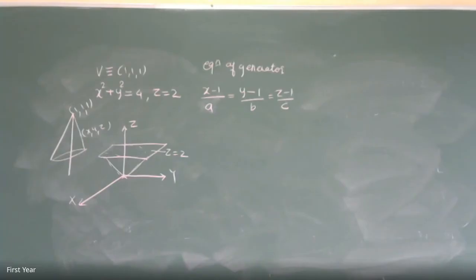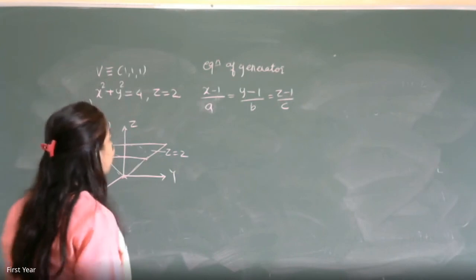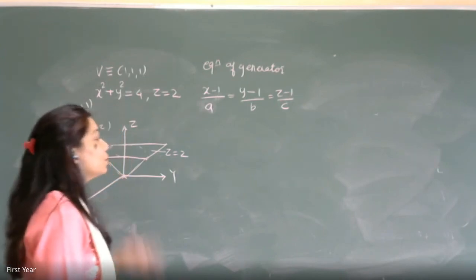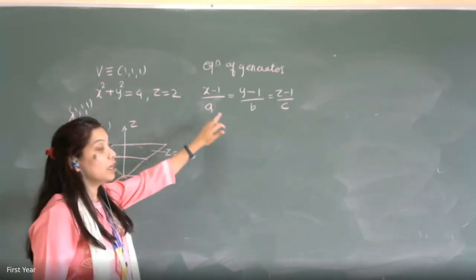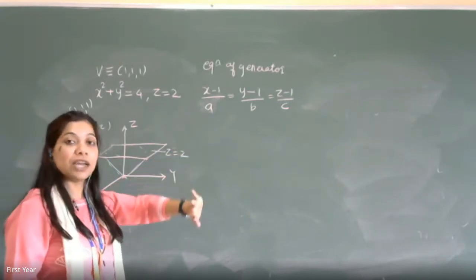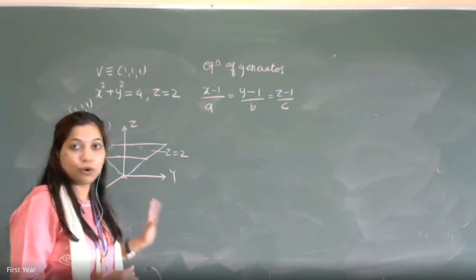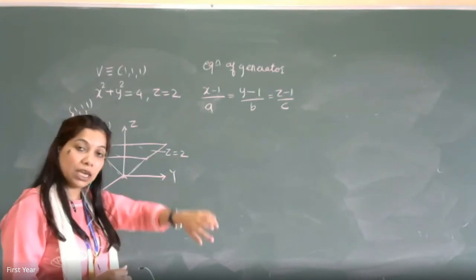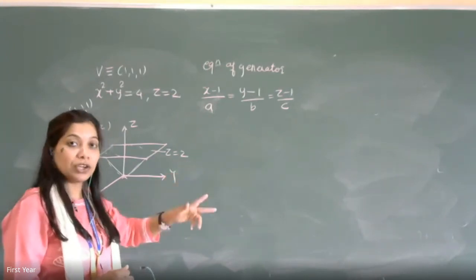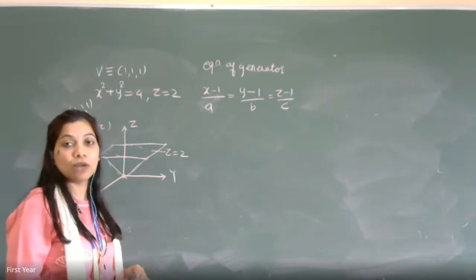Yes, ma'am. Okay. So how are we going to go about it? x minus 1 upon a is equal to y minus 1 upon b is equal to z minus 1 upon c. Consider that a, b, c are the direction ratios of a generator of this line, which we don't actually know. We are going to use a, b, c and x, y, z, their relation to get the locus. That's what you generally do in locus.